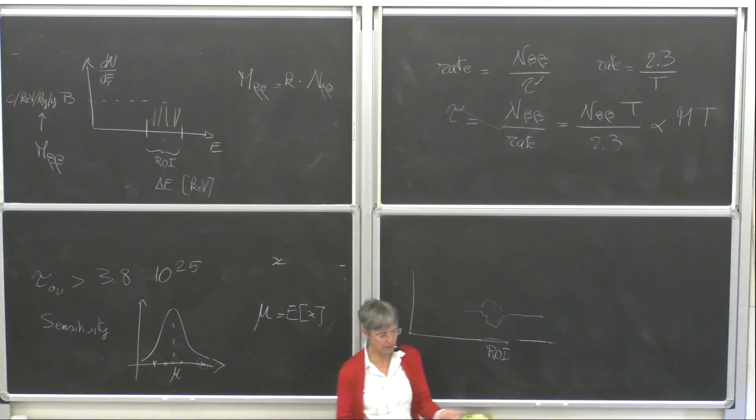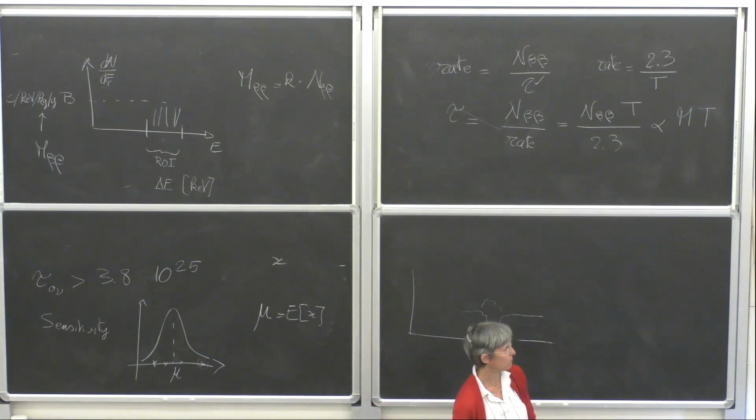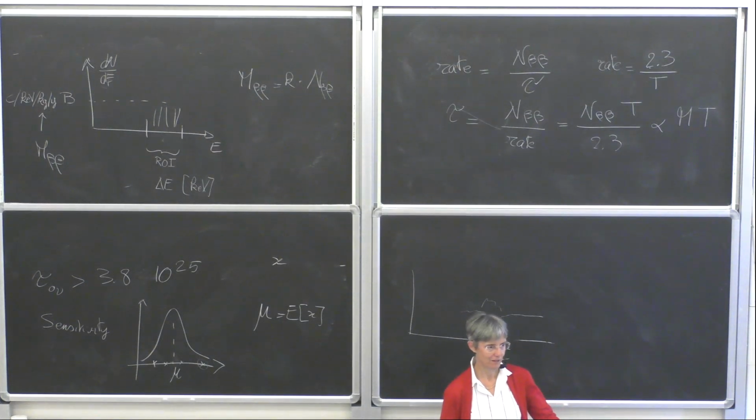And often, as in my case, if you look at my slide, I forgot to add the sensitivity even for the CUORE result. Okay, so I forgot, and it happens.